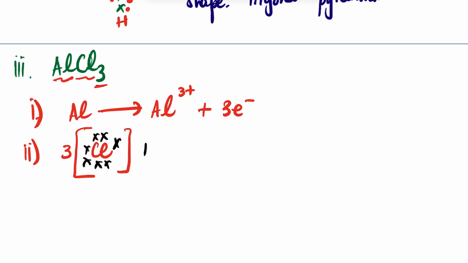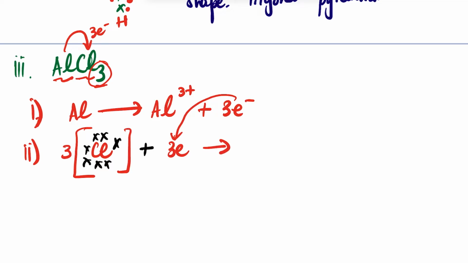And then you add the 3 electrons, because ionic bonding is a transfer of electrons, as we mentioned in the definition. The aluminium will transfer 3 electrons to the chlorines. There are 3 chlorines, and each chlorine will take one electron.